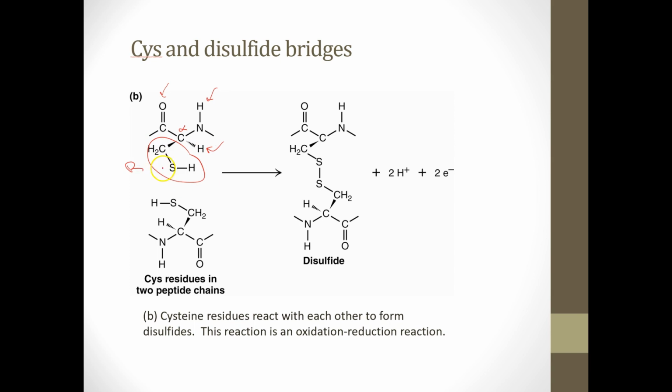And so we have our pair of lone pairs on the sulfurs, and what ends up happening is we're going to lose, let me change colors, lose the pair of protons. We will form a chemical bond between the sulfurs, and that is a covalent bond linking the two residues in a disulfide bridge.